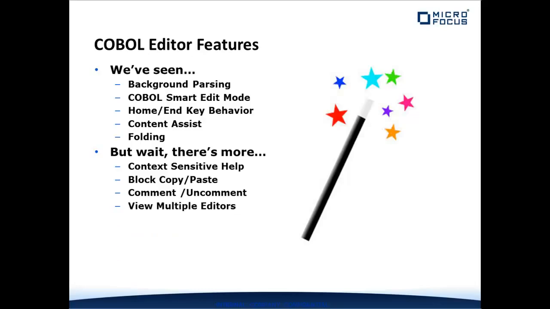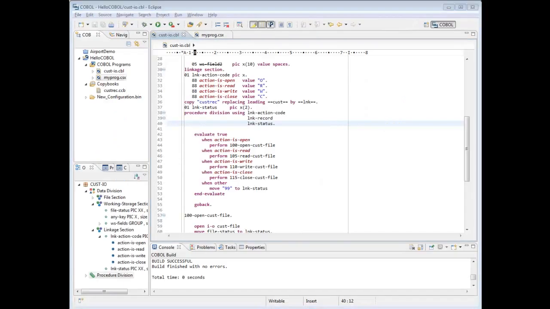Multiple editor windows can be viewed side by side or stacked, allowing view of different files or multiple views of the same source code. The COBOL Outline view gives you a navigable outline of your COBOL program, allowing you to quickly jump to an area of interest. Let's take a look at these additional features in action.